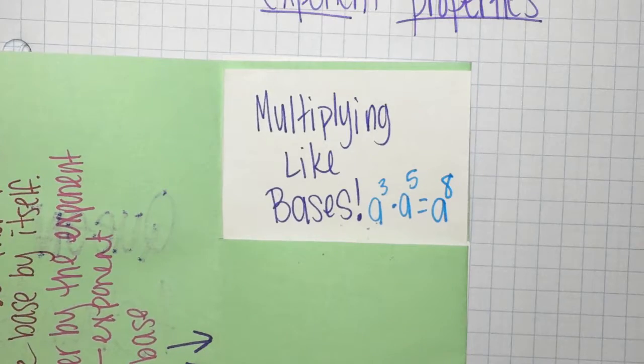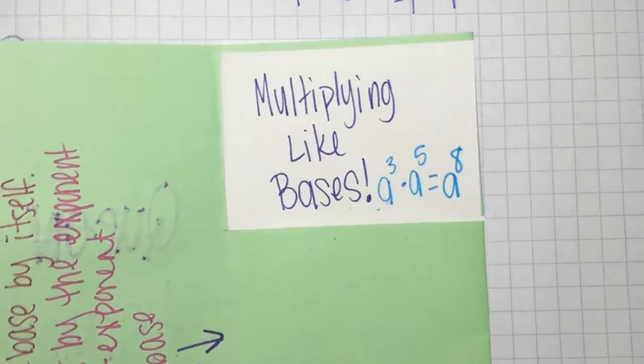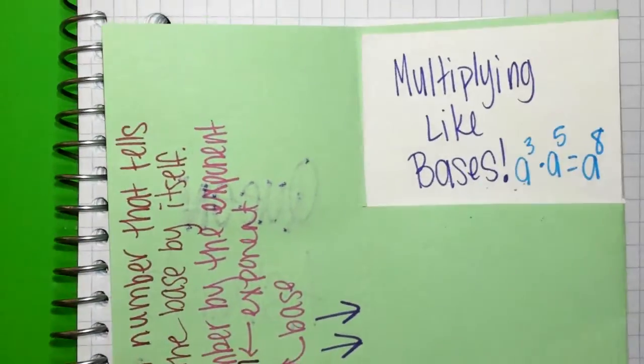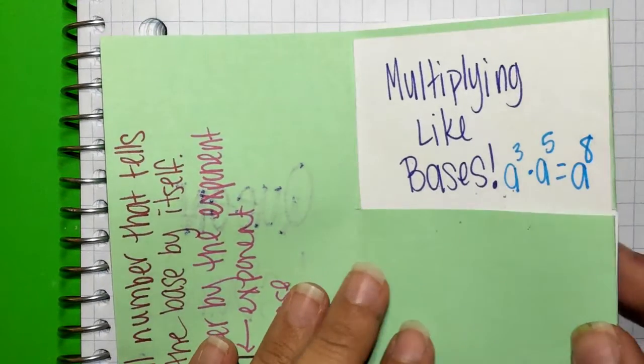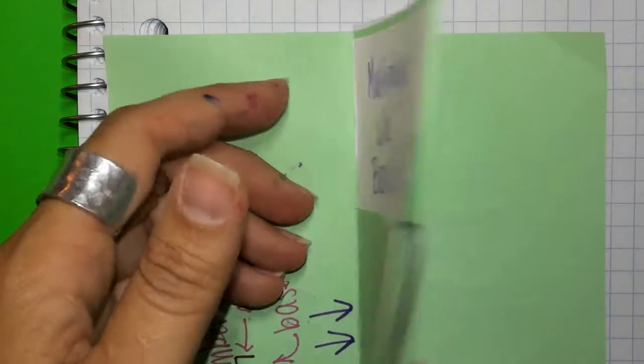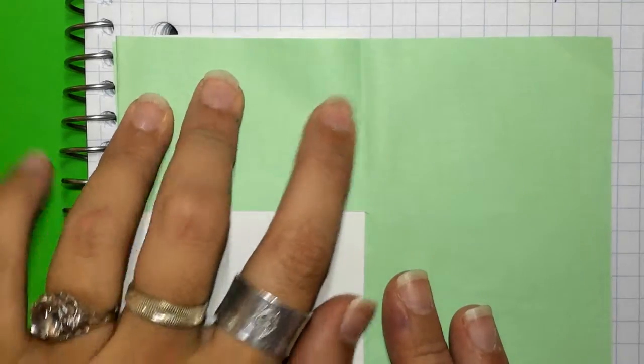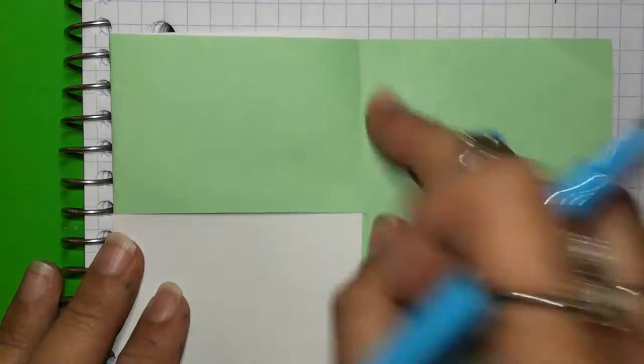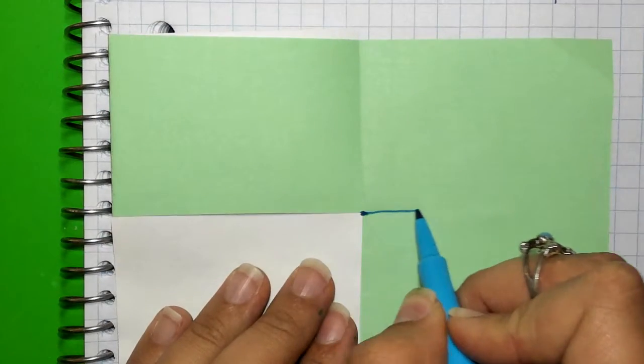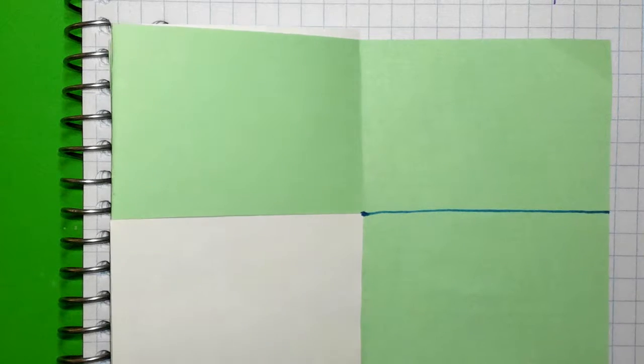Okay, now, are you ready for the magic of the foldable? So it says multiplying like bases. Flip this part over. We're going to write some examples right here. So draw a line that extends across.